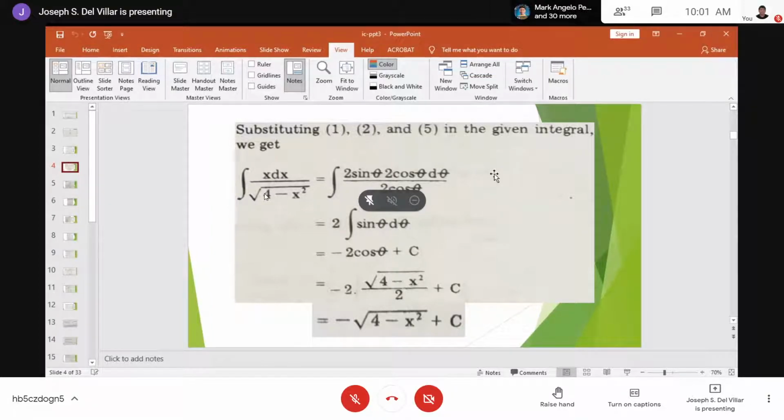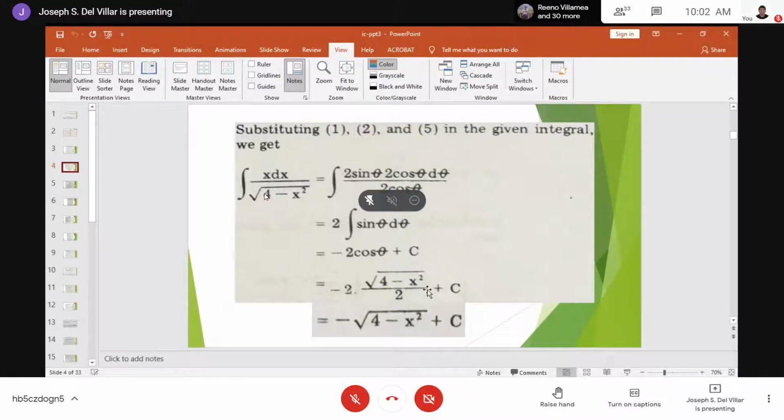So therefore, 2 times the integral of sine theta d theta. And we know that the integral of sine is negative cosine. Why negative cosine? Because the derivative of cosine is negative sine. But since there is no negative sign in the integrand, that's why we put it in the answer. So negative 2 cosine theta plus c.